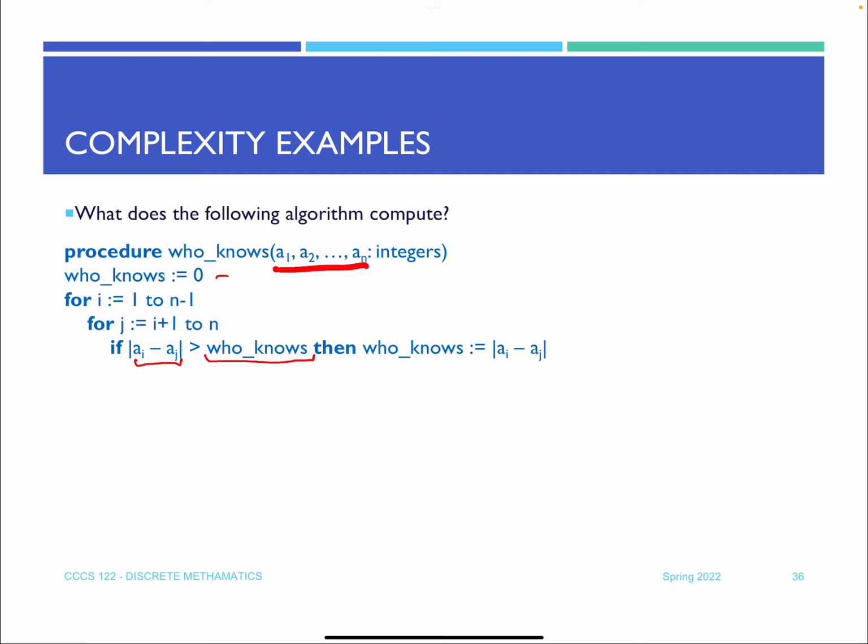And if that difference between ai and aj is greater than whatever's in who knows, then we update the value of who knows with the new difference. So by the time we get to the end of this algorithm, what will we have in the who knows variable?